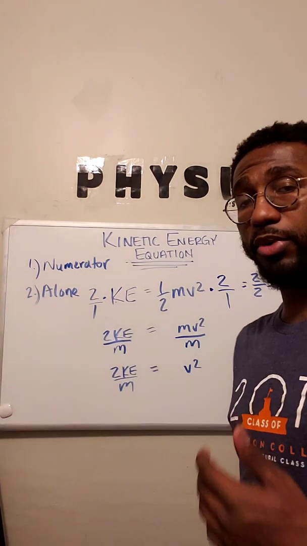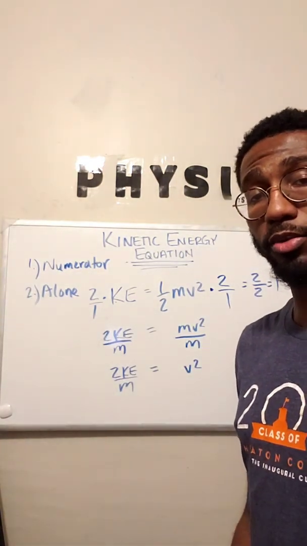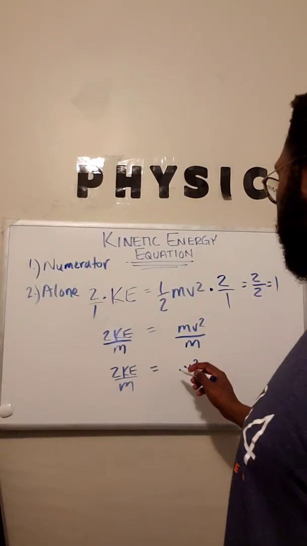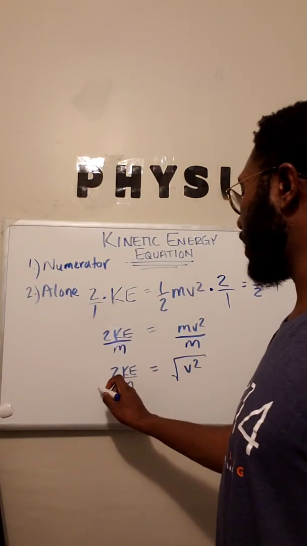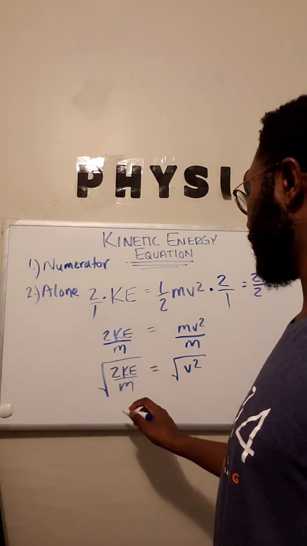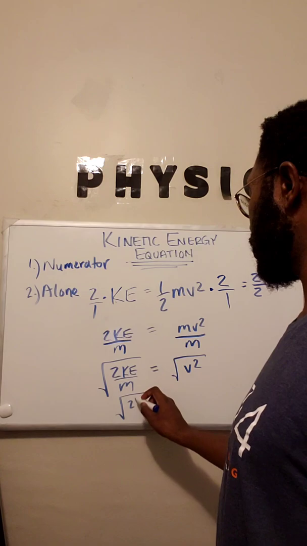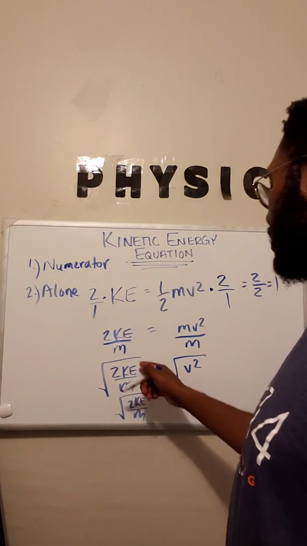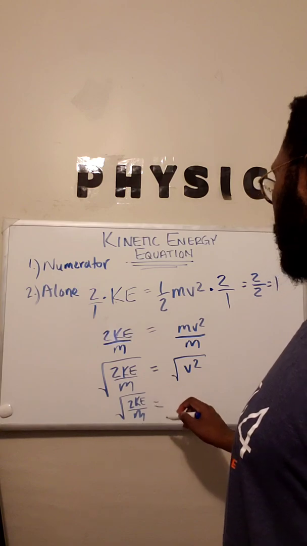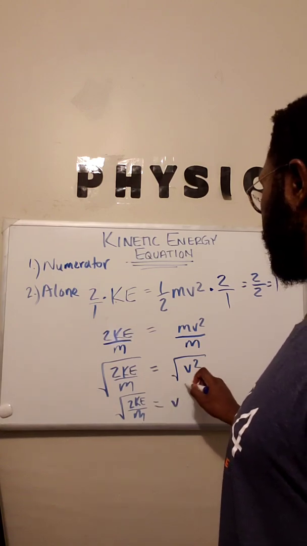Now, in order to get rid of a squared, we have to take a square root, okay? So we are going to take the square root of v squared and the square root of the other side. All right? So the square root of the other side is 2 times the kinetic energy over m. All of that is in the square root sign. And when we take the square root of v squared, we get v.